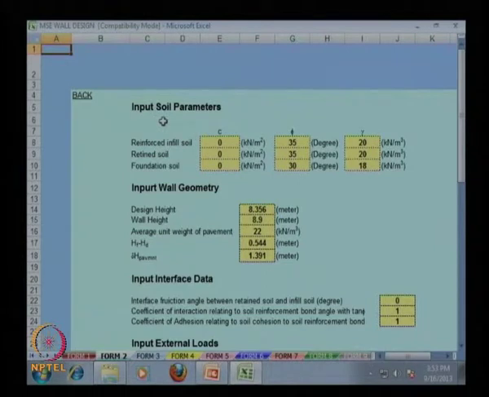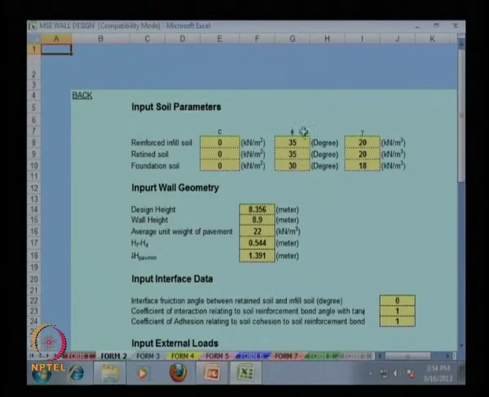This is the input soil parameter, and this is the reinforced infill soil, with C, the retained soil and the foundation soil. The C value we are considering is 0, and the phi value for reinforced infill soil is 35 degree, retained soil 35 degree, and foundation soil 30 degree.